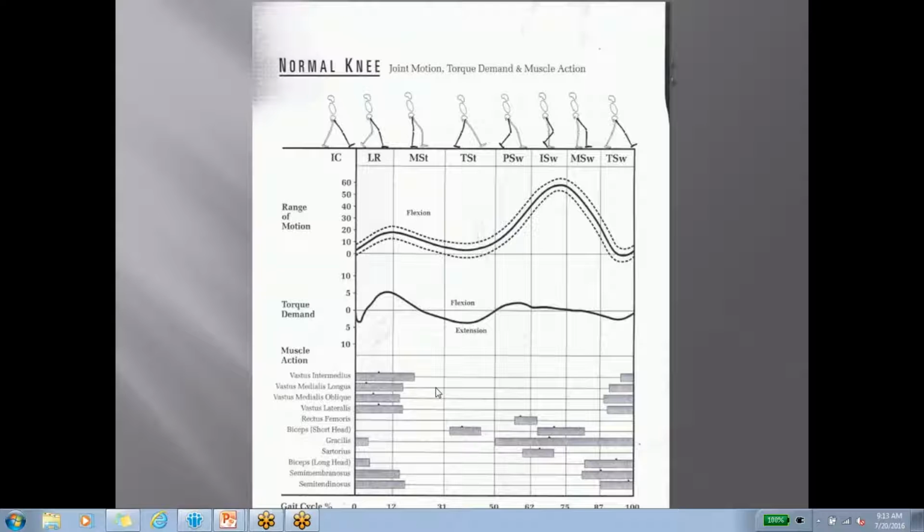So there's actually an extension moment. You see that right there? There's an extension moment at the knee if we have appropriate range, and if our center of gravity is falling anterior to the knee, it's shoving it into extension. So we don't really need a whole lot of quad strength in stance if our center of gravity is anterior to the knee.